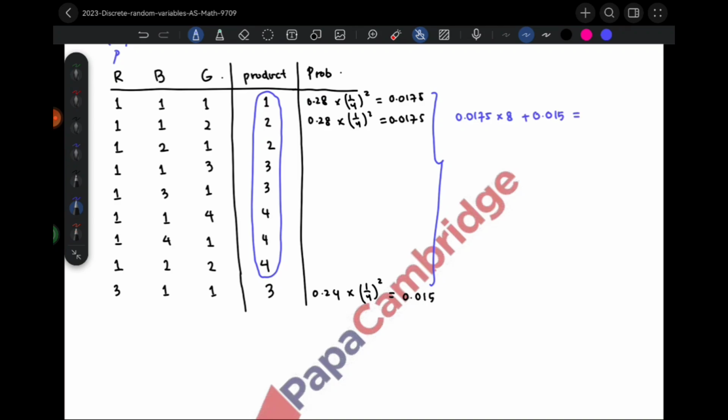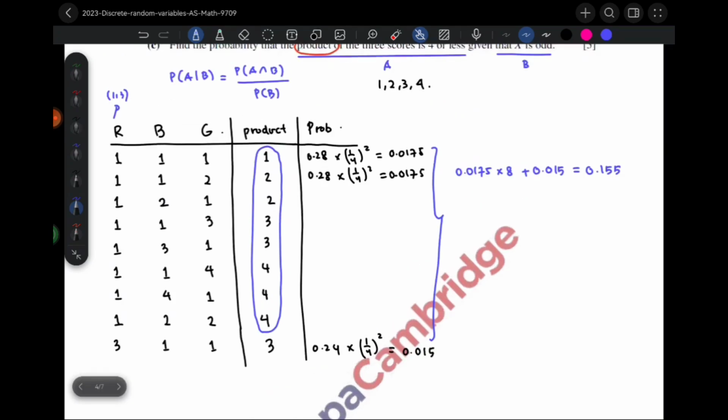So the result is 0.155. This is the probability of A intersect B.